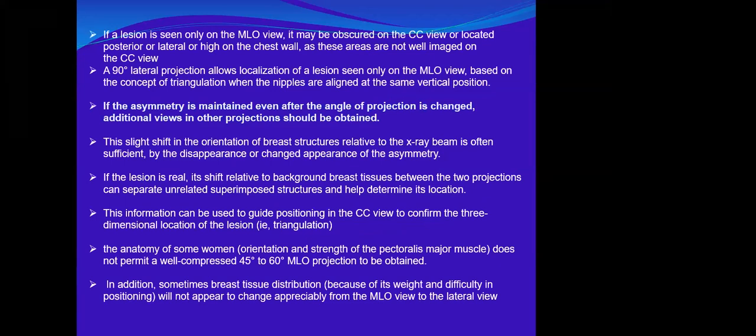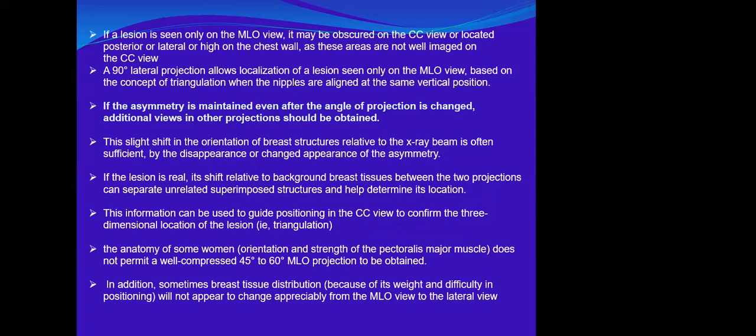Okay, do you know when we use the straight lateral view for triangulation? We described this in the positioning lectures. We use it to triangulate a lesion which is seen in the MLO but not seen in the CC. Excellent.